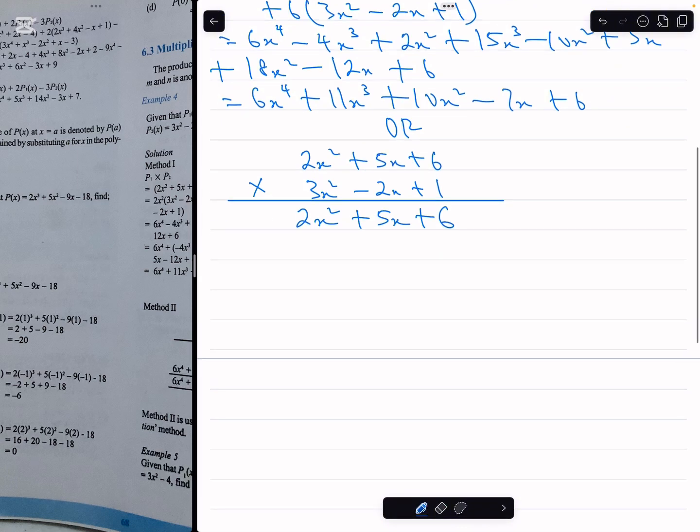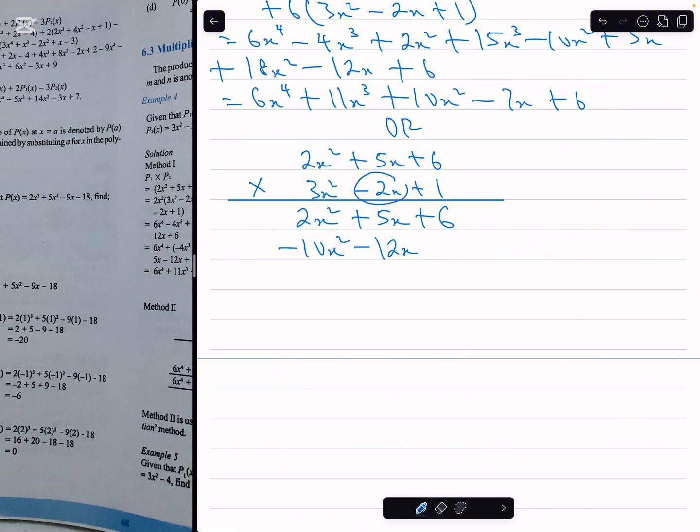That will be minus 12x. I'll write that under the x term, minus 12x. Now, minus 2x times 5x, that's minus 10x squared. I'll write that under the x squared term. That's minus 10x squared. And the next one is 3x squared.